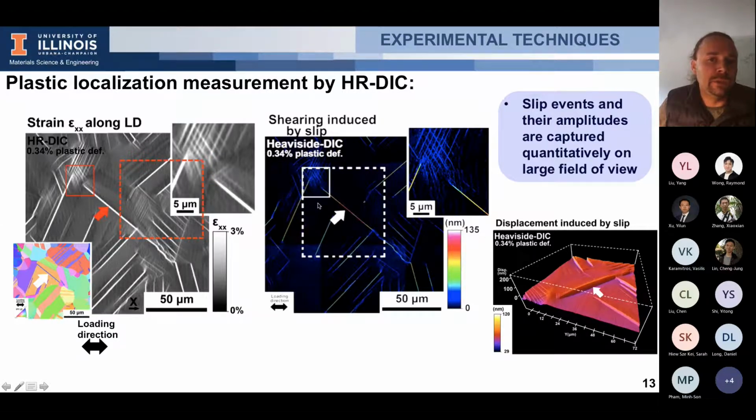So the displacement induced by slip, for instance, is close to 130 nanometers. And on the right, I'm just displaying the displacement in the plane, but this in 3 dimensions is just a fancy way to represent all the steps observed with the heaviside DIC.